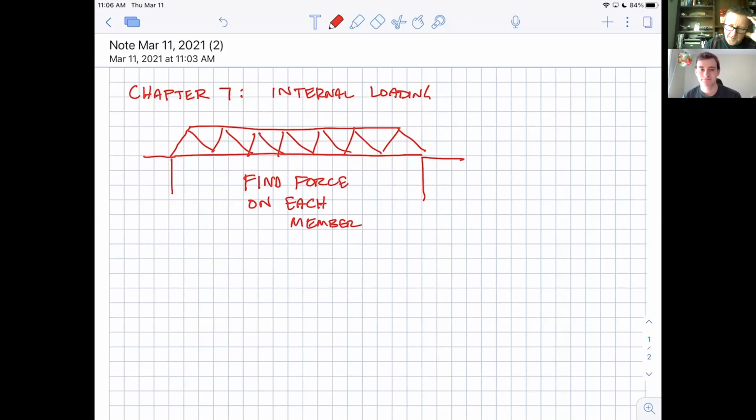I'll think about this carefully, where we said, hey, let's make a cut right there. And we'll just consider everything to the left and the right of it as though it was solid. So let me fill that in.